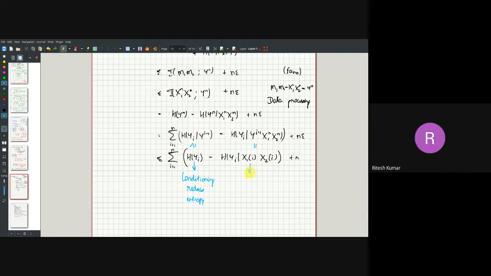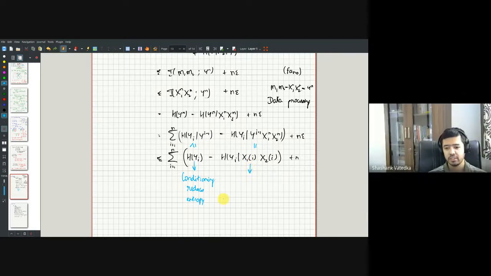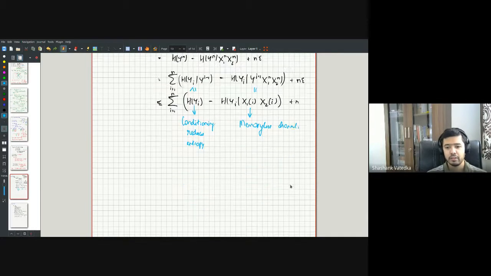Yes, exactly. Given the inputs at the ith time instant, the output at the ith time instant is independent of everything else. So we're just using the memoryless property here. And therefore, we have this particular form.